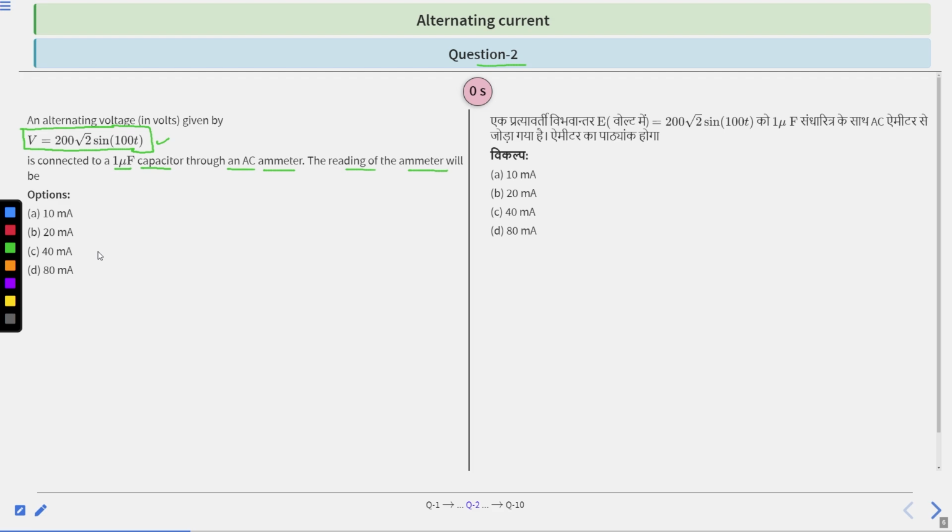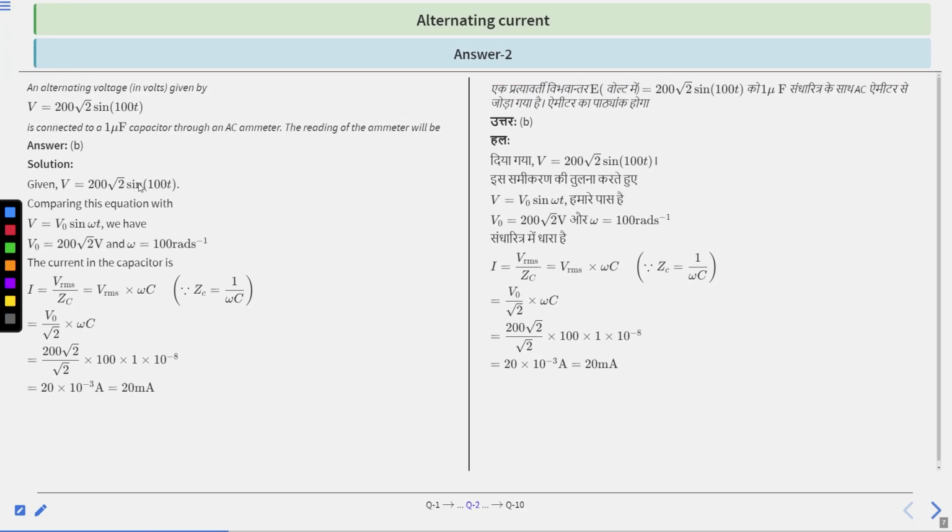Let's find the solution. The alternating voltage given is V equal to 200 root 2 sine 100t. Clear? From this alternating voltage, we have to find many terms. Here V is equal to V naught sine omega t.